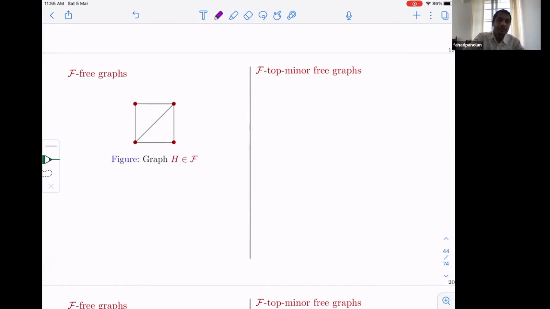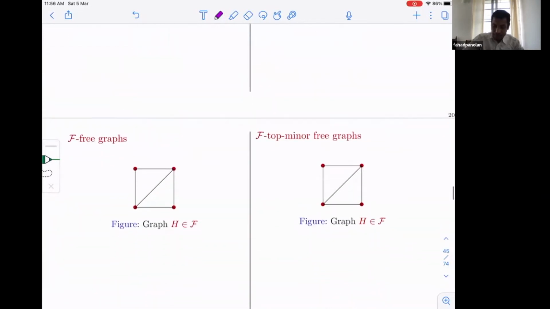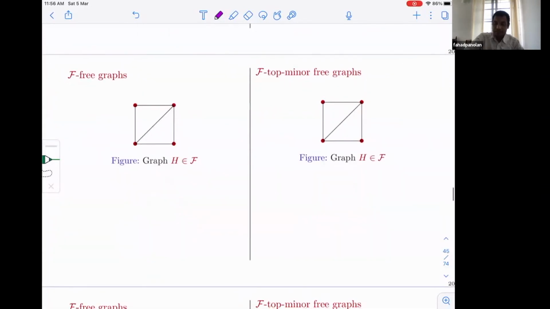So G is an F-free graph if, say H is the only graph in F, then H does not occur as an induced subgraph in G.